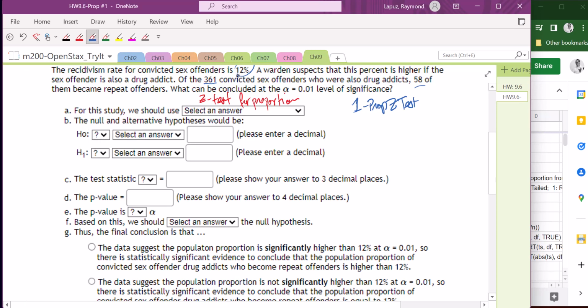We are looking at the rate of sex offenders right now, and the warden suspects that this is higher than the regular rate. So for that, we will identify the claim to be that the proportion is higher than 12%.